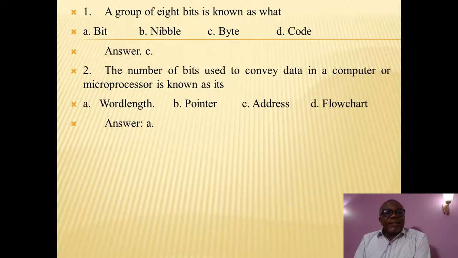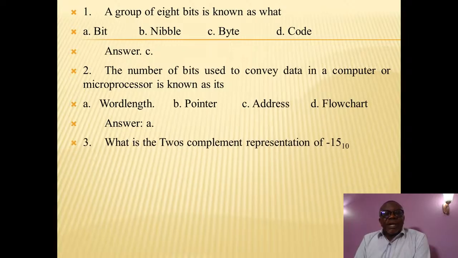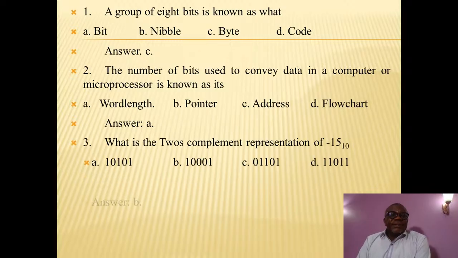So answer A. We ask what is the 2's complement of minus 15? We said it is B, 10001, and we've talked of how you do that by getting the equivalent of 15, which is 1111.